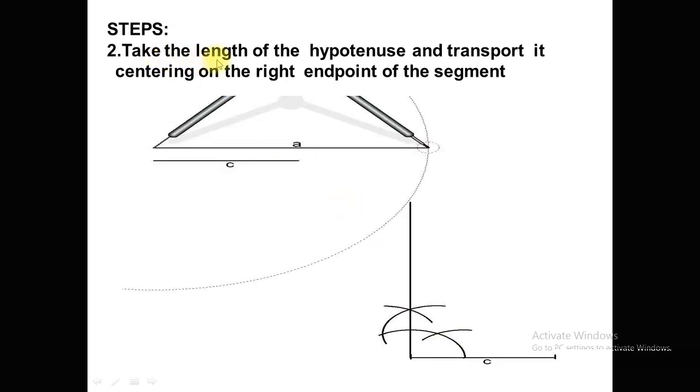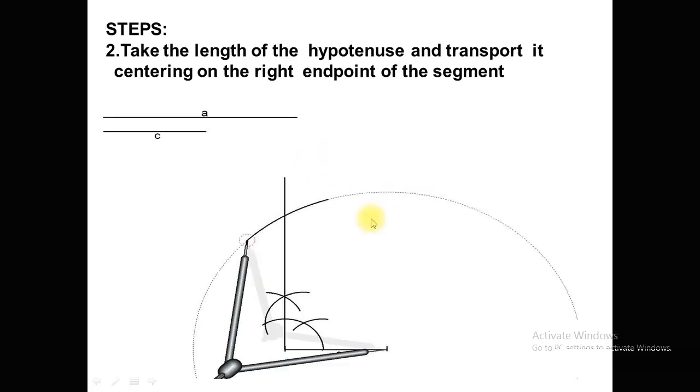Now take the length of the hypotenuse and transport it, centering on the right end point of the segment. Open the compass about the length of the hypotenuse, put the compass at this point and draw this arc. This is the required vertex of the right angle triangle.